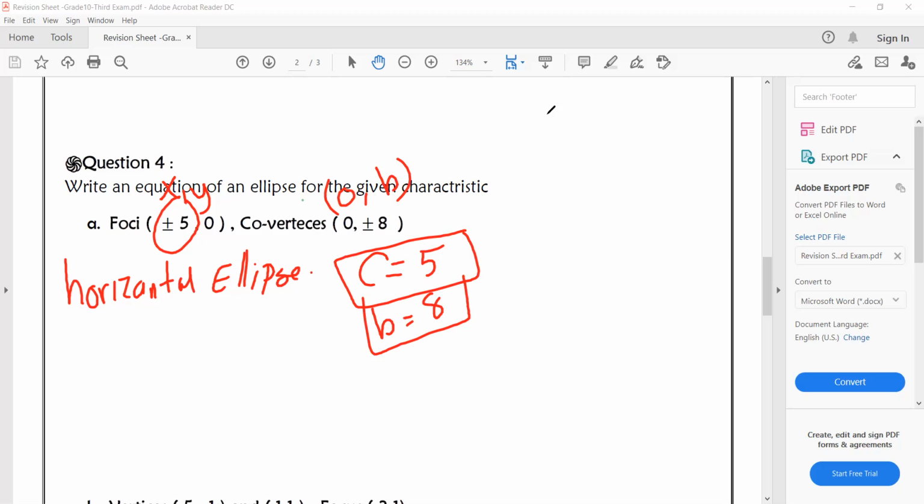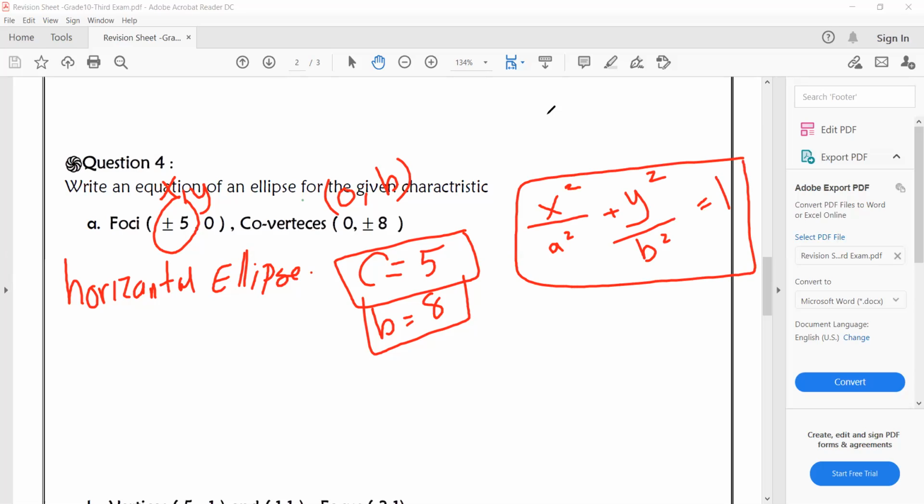I have b and c, but the equation of the ellipse is x squared over a squared plus y squared over b squared equals 1. To write it, I need the value of a.